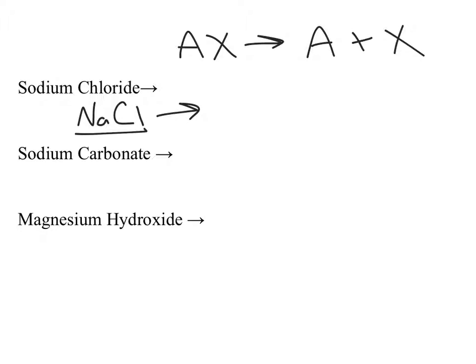So sodium chloride is only made of 2 elements, so those 2 things it must break up into are sodium and chlorine. Now we have to remember, chlorine is a diatomic when it's an element, so that means I have to go back and balance the equation afterwards. And that's the first one.